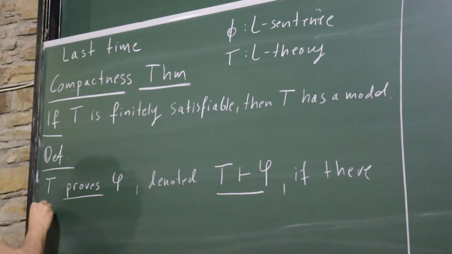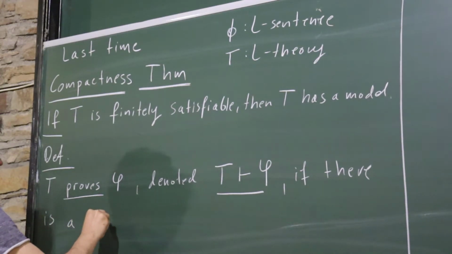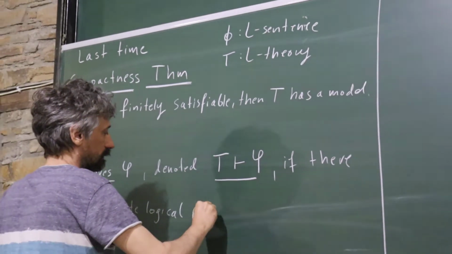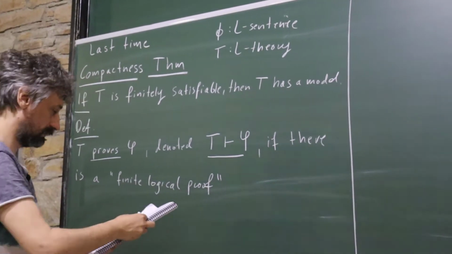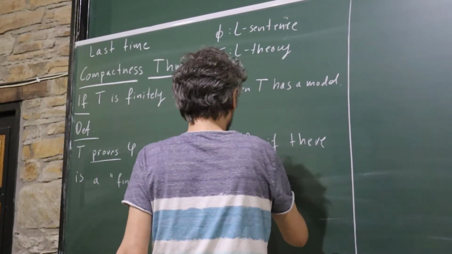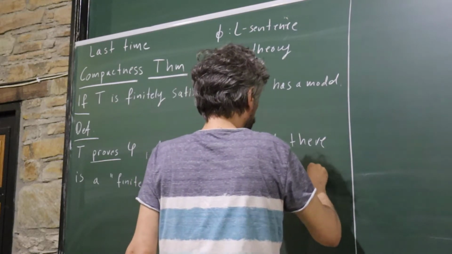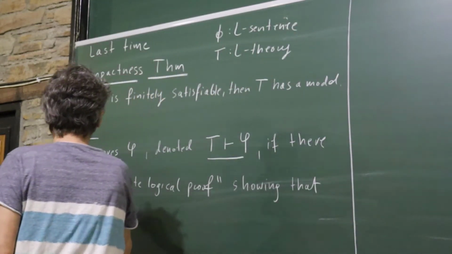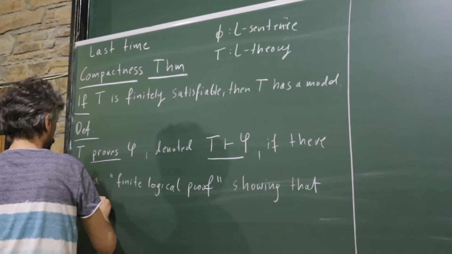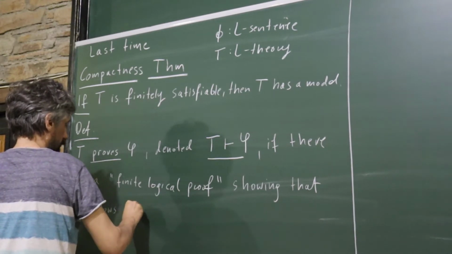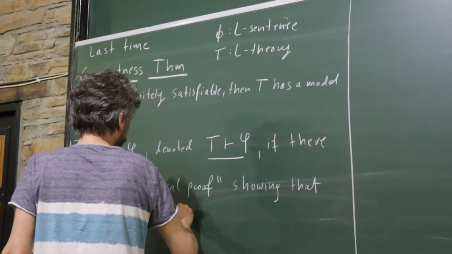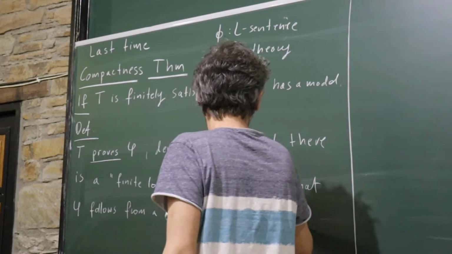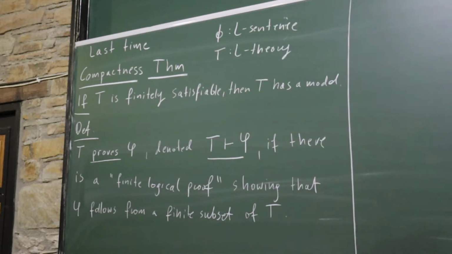So if there is a finite logical proof showing, and I will give examples of what this can mean, showing that phi follows from a finite subset of T. So the difference is there are no models involved.